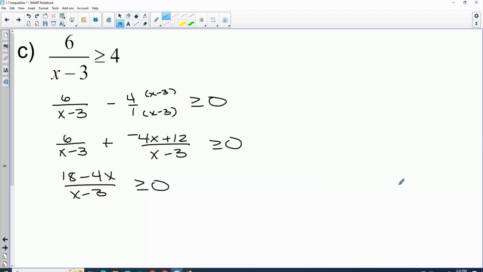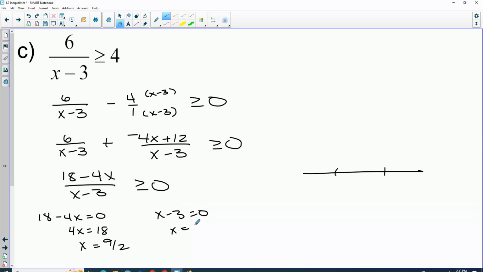So you get 18 minus 4x over x minus 3. Alright, we need top and bottom equal to 0. So that's 9 halves and positive 3. So 3 is smaller, 9 halves, that's like 4.5.